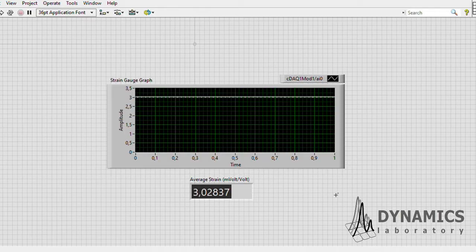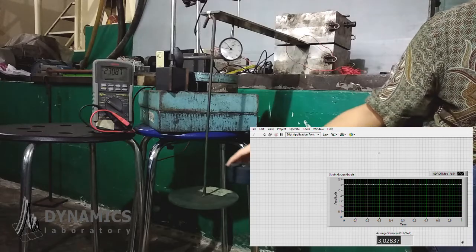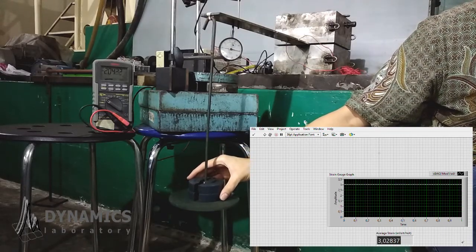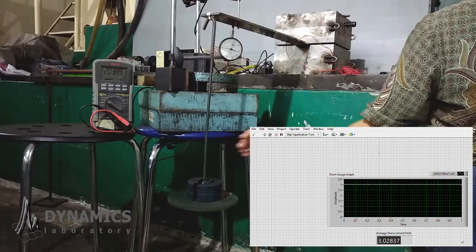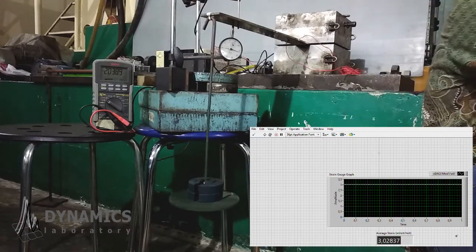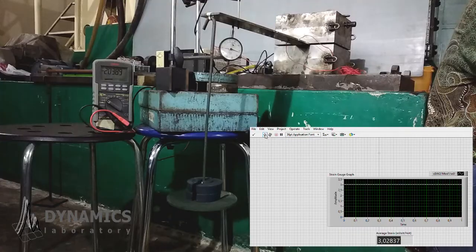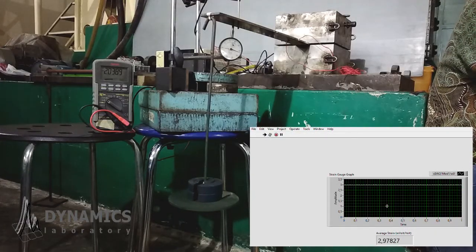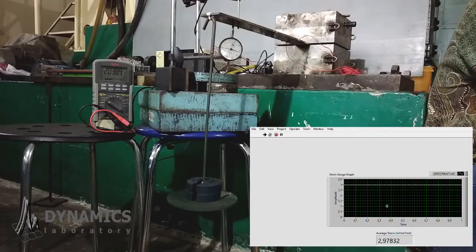To get the experiment data, I will put a mass. After you put the mass, we can start the LabVIEW program. It will take 10 measurement data and automatically calculate the average of the data.